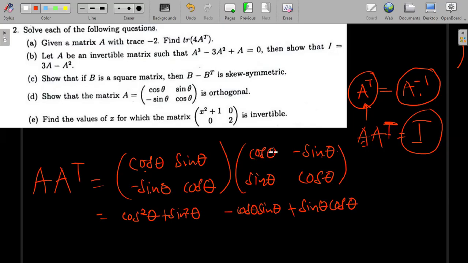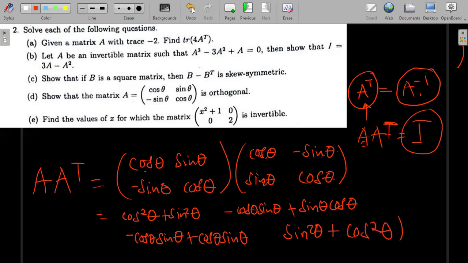And then this multiplied by this will be minus cos theta sine theta plus this multiplied by this, which is cos theta sine theta. And then this multiplied by that will be sine squared theta plus this multiplied by this, which will be cos squared theta.